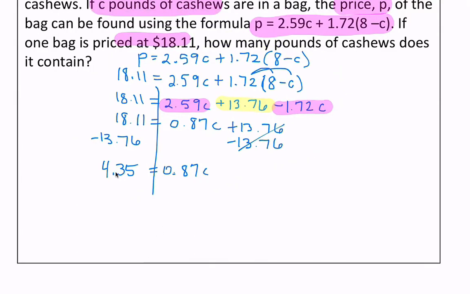Okay, so we're still trying to get C by itself, so I need to get rid of this 0.87. Notice it's touching the C. Remember, when that happens, that means multiply, so the opposite of multiply is divide. And I'm going to divide by that 0.87 that I do not want. What I do on one side, I do on the other.